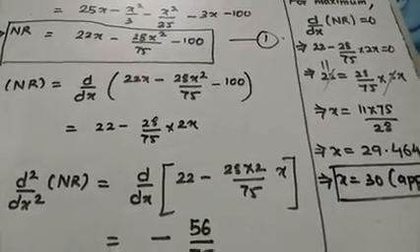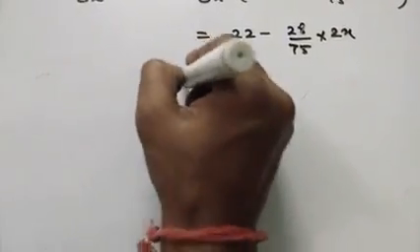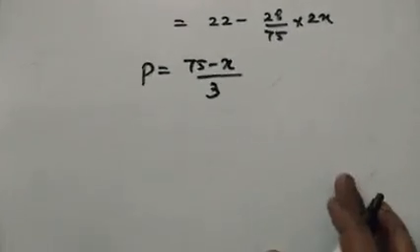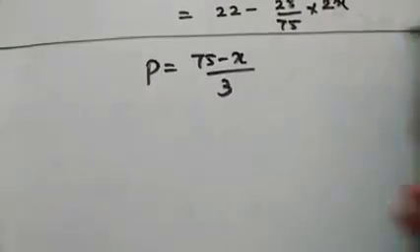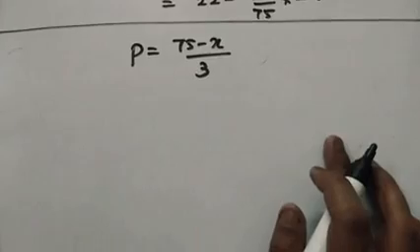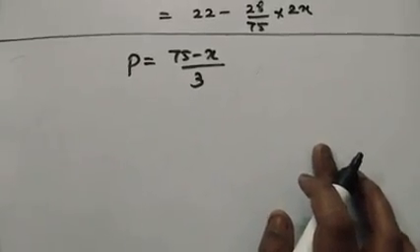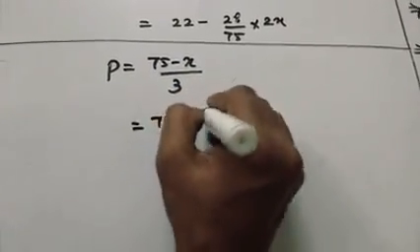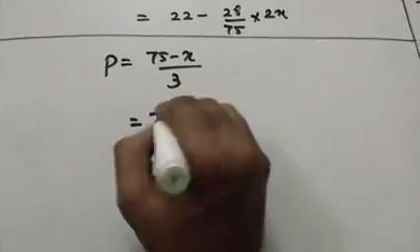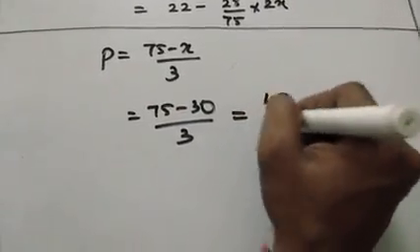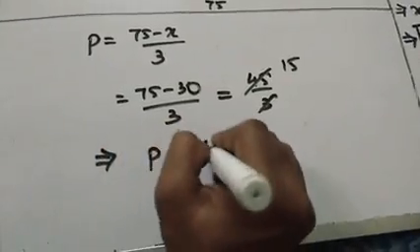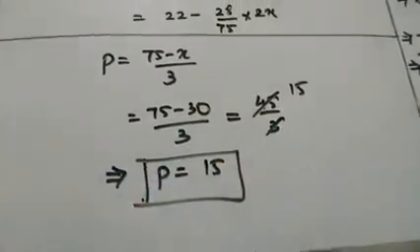So that relation is p equals to 75 minus x by 3. So we have to find the monopoly price. So what was the x? x is about 30, just put it here. 75 minus 30 by 3, that is 45 by 3, that is 15. So the price is 15.